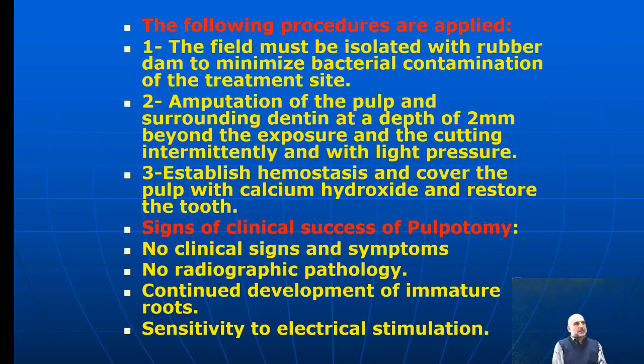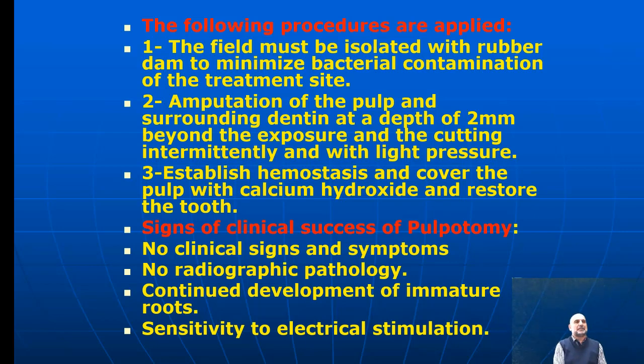The field must be isolated with rubber dam to minimize bacterial contamination of the treatment site. Amputation of the pulp and surrounding dentine at a depth of 2 mm beyond the exposure. So cutting the pulp 2 mm is partial pulpotomy, or remove all the pulp chamber to the orifice of the canal, and the cutting is intermittent with light pressure.